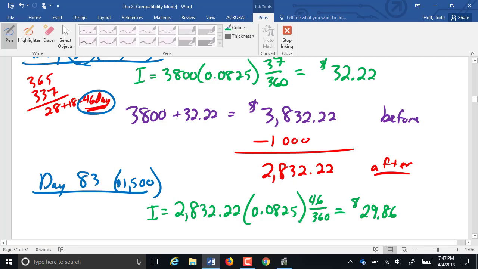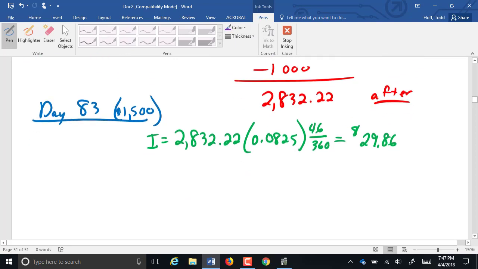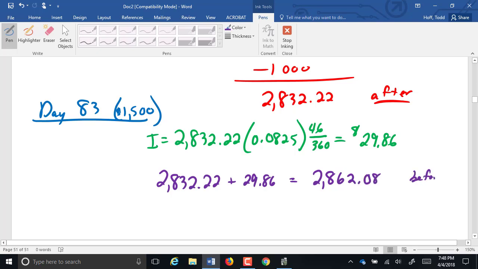Do you want a second to punch it back in and see what you come up with? 2832.22. Okay. So we add the 29.86 to that 2832.22. That's $2,862.08. That's the before.